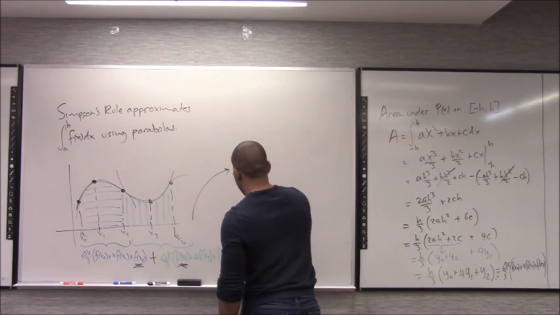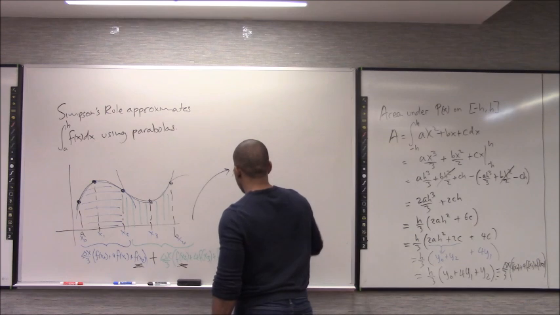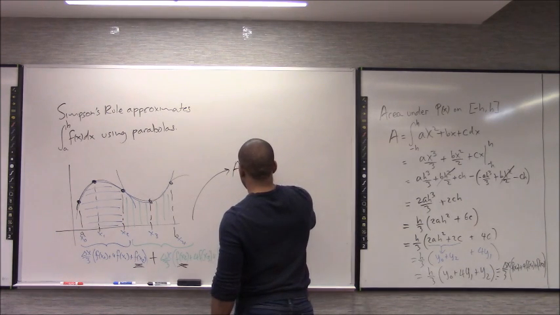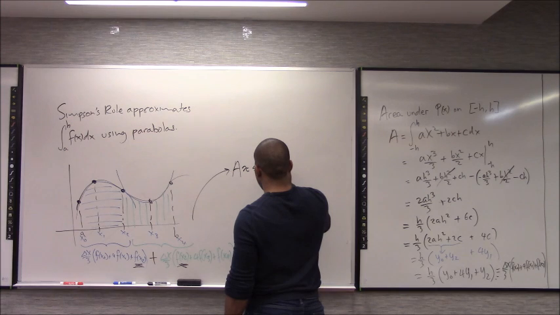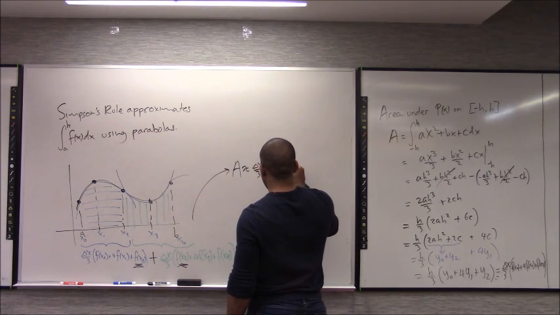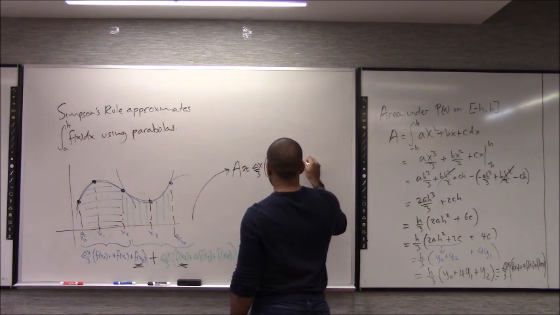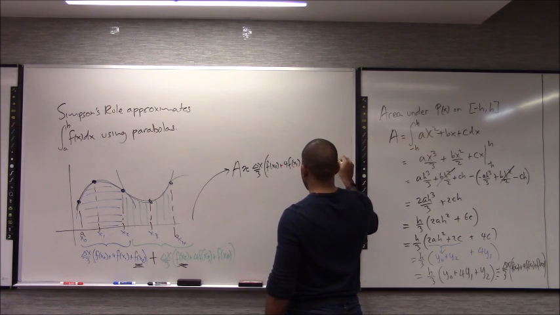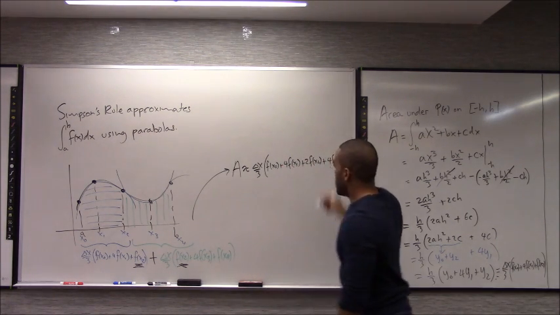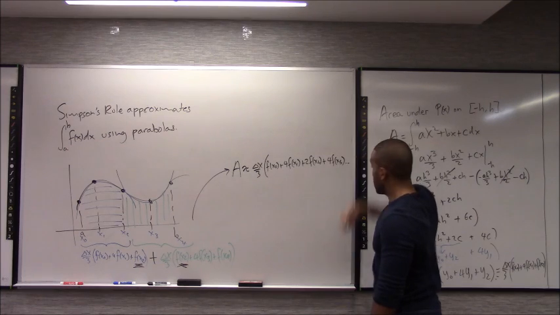And so if you put these all together, approximately equal to, you're going to get a pattern that looks like this. Delta x over 3 times, it's going to start off with f of x0 plus 4 f of x1 plus 2 f of x2 plus 4 f of x3. You'll notice that you'll alternate 2's and 4's.